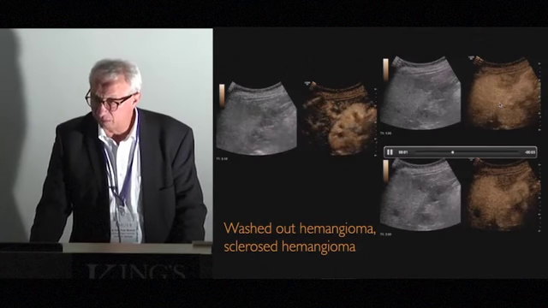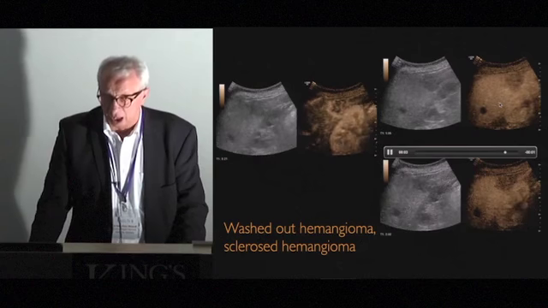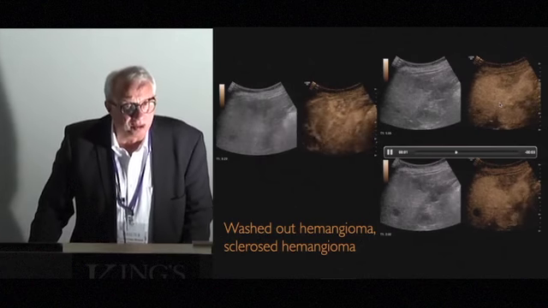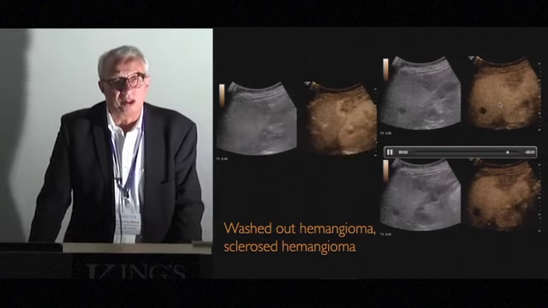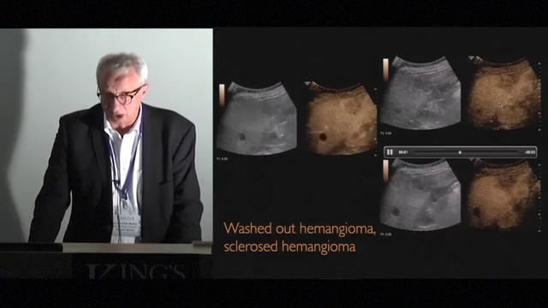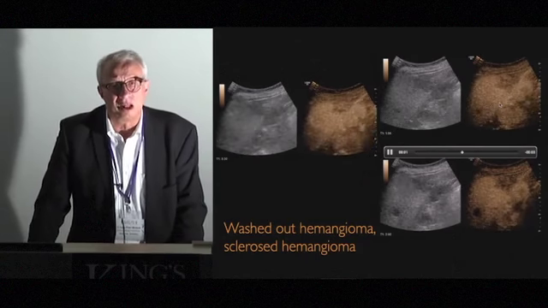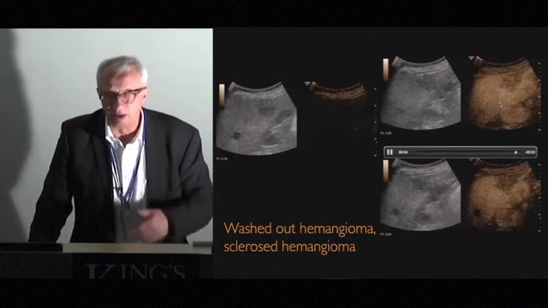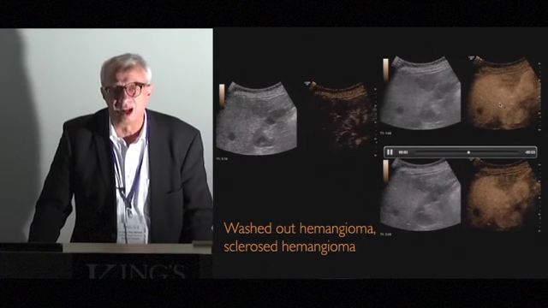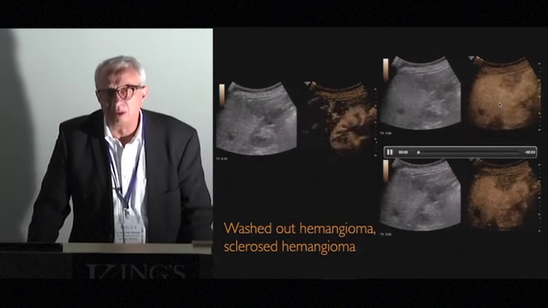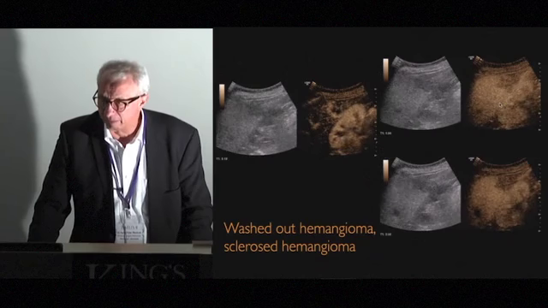So now we are at 2 minutes, so it's washed out. So we biopsied that with the core biopsy, and the core biopsy said this is a sclerosed hemangioma. This is not easy to make this diagnosis, and I must say from today, when I review this case, I would say I would do it again to biopsy this lesion. So it was not easy.